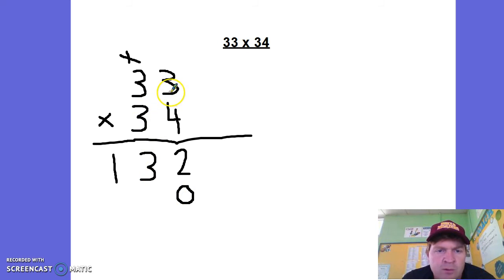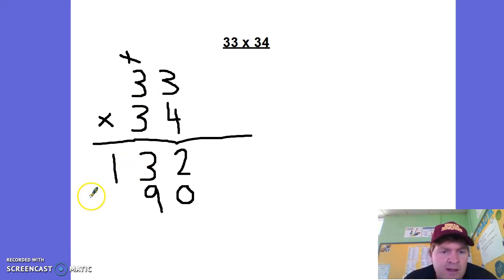3 10s multiplied by 3 1s is going to equal 9 10s. I don't need to do any renaming, I can just put down 9 10s. And my last step is 3 10s multiplied by 3 10s equals, once again, effectively 30 multiplied by 30, which equals 900, which is 90 10s.